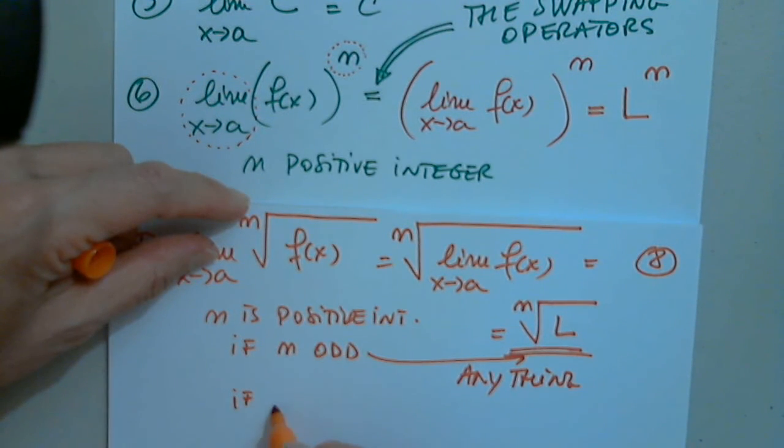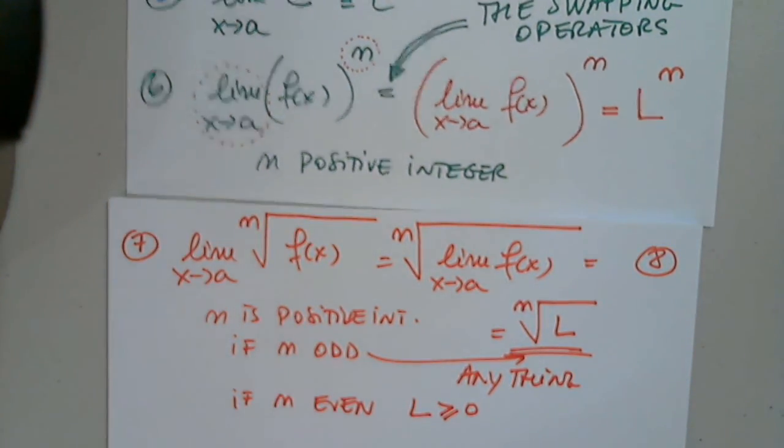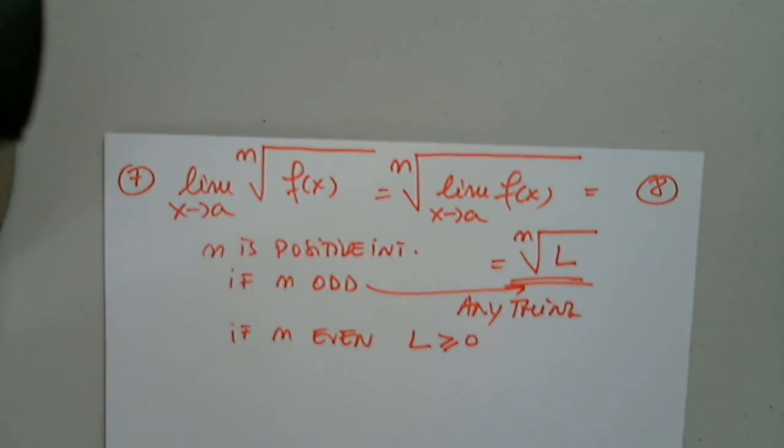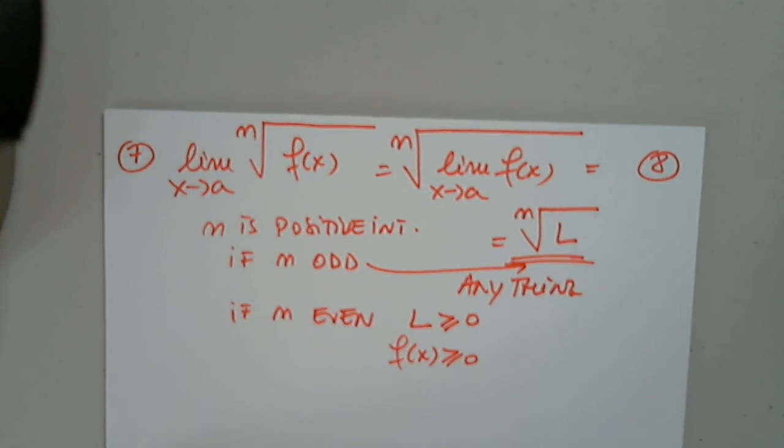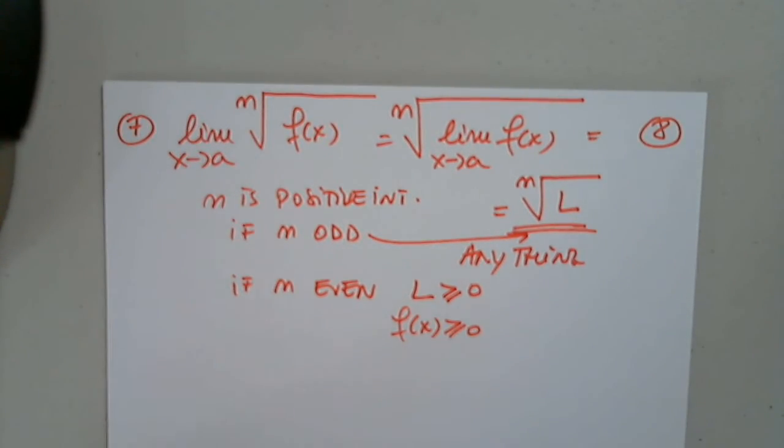But if n is even, then L must be greater than or equal to 0. Absolutely. And the function itself has to be greater than or equal to 0. You cannot apply an even root on something that is negative. Awesome. Thank you. Great job.